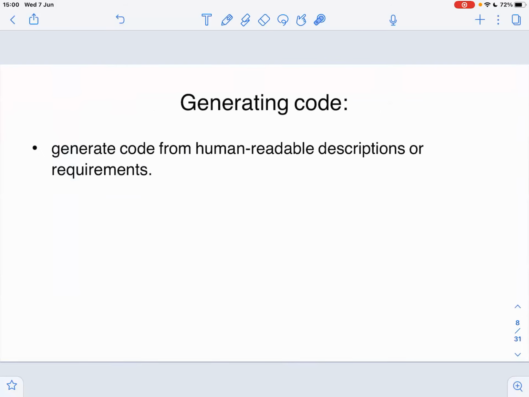A great thing is that it can write code. So I used to spend hours and hours on producing websites for my students where they can do practice questions, so HTML, CSS, JavaScript, and so on and so forth.